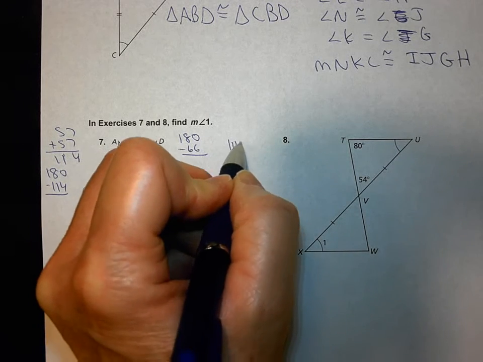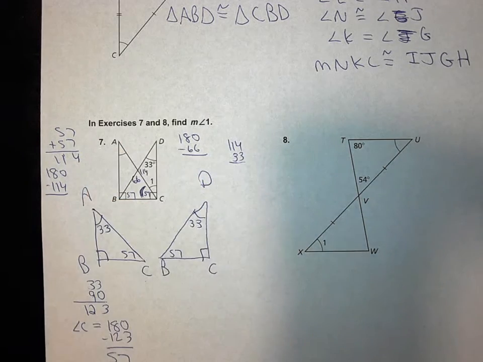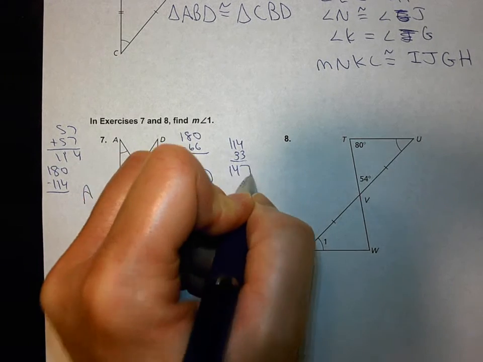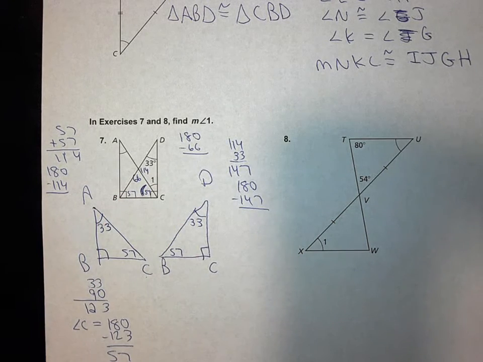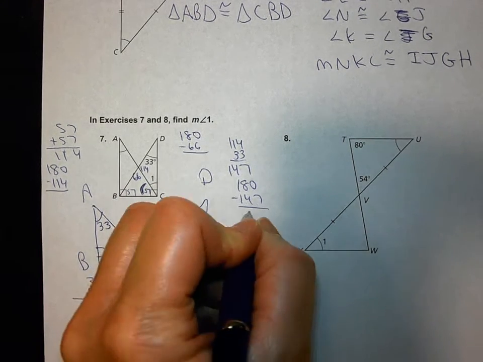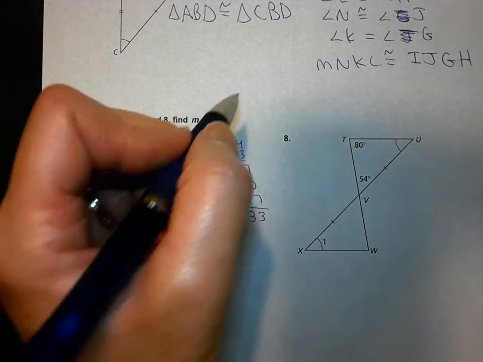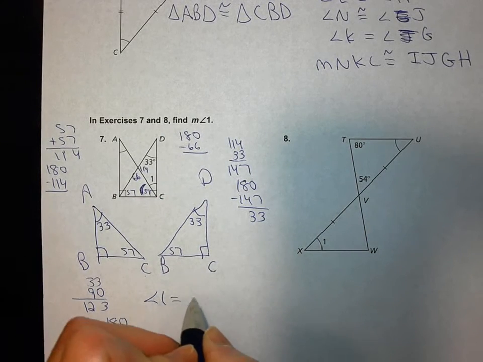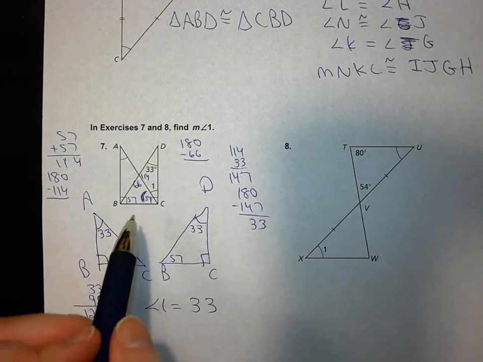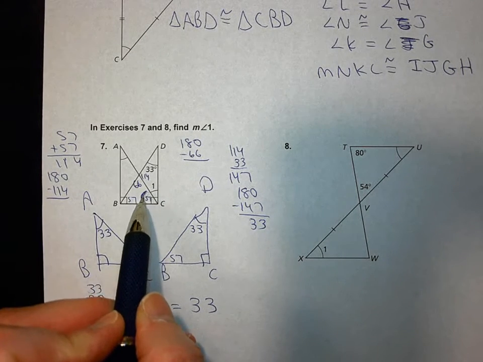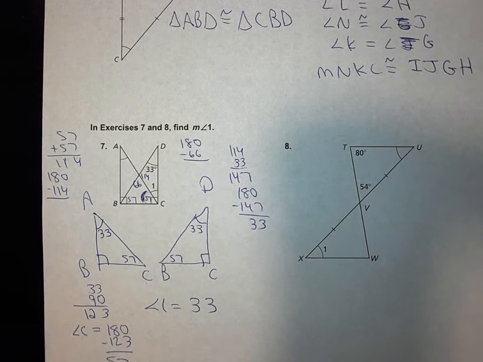So 114 and 33 is 147. So 180 take away 147 is going to be 33. So angle 1 in this case is 33. So you either found it by using the triangle sum theorem, or because you found that this was a 57, you could do 90 minus 57. So it's up to you.